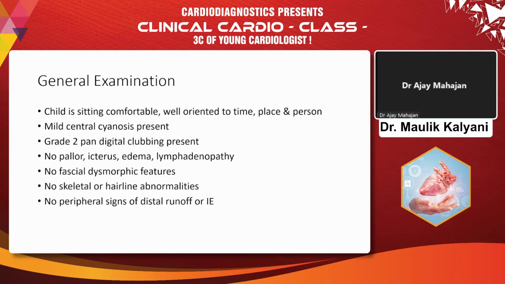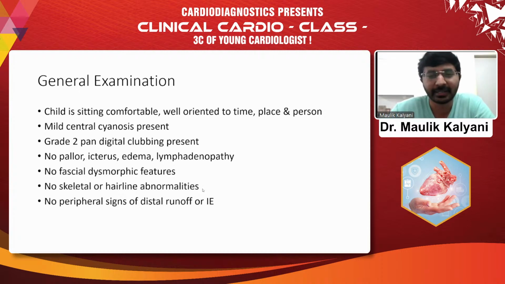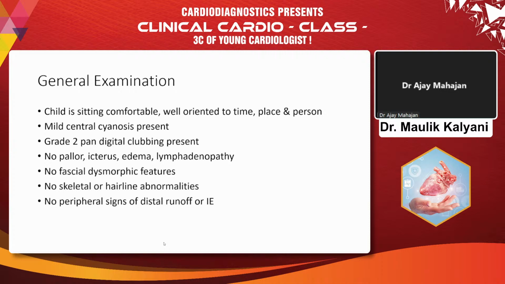So if it is mild cyanosis, then what is the pink tet? Sir, a pink tet is there because of good pulmonary blood flow, because of a large MAPCA or PDA or less severe pulmonary stenosis. So this patient is in that category only.